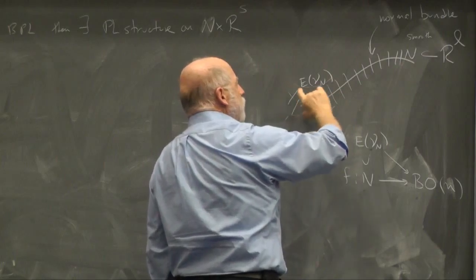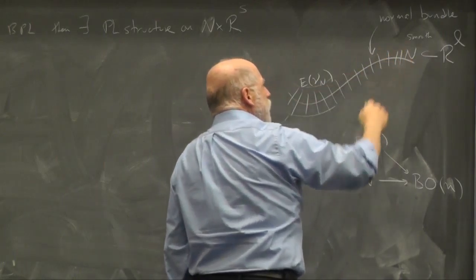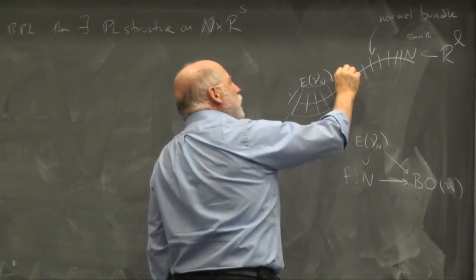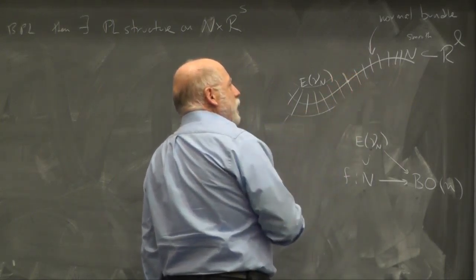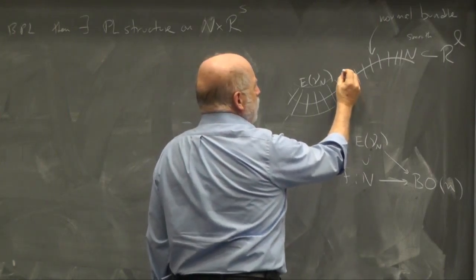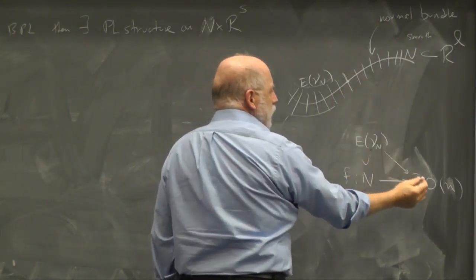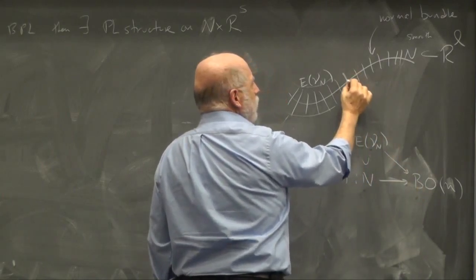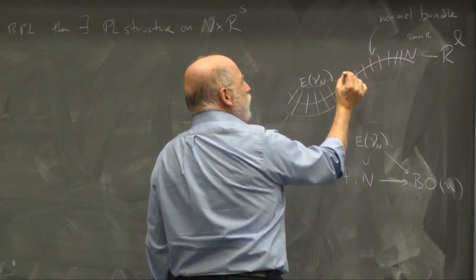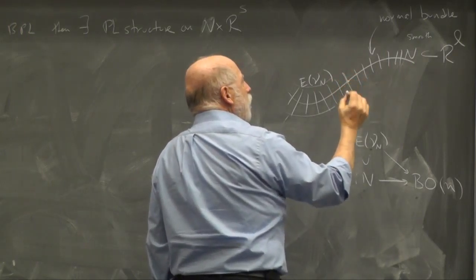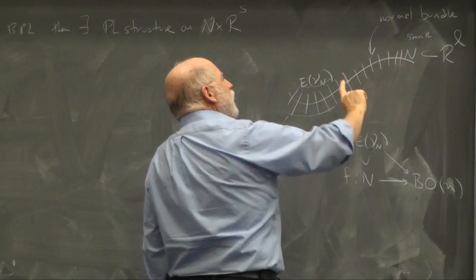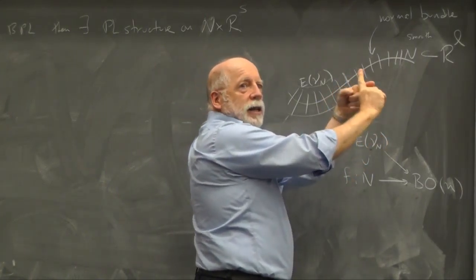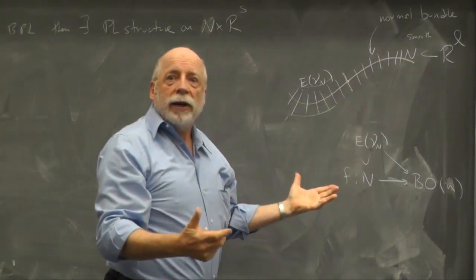But what is that bundle over this space? Well, if you look at a point, here's the normal fiber, and then here are the tangent fibers. You've taken the tangent bundle at that point and pulled it back over this normal fiber. So you've got all the tangents going out this way. If you take the tangent bundle in one direction and the normal bundle in that direction, you've got basically the Whitney sum of them.